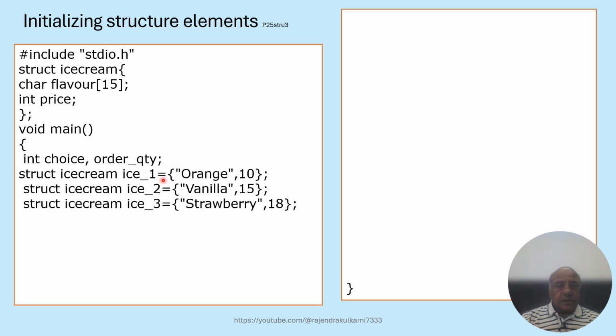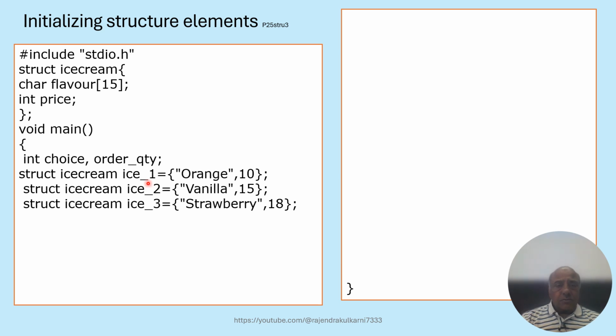Each variable has two primary variables or secondary variables as its elements. So ice1, struct ice cream ice_1, is equal to, into the braces, orange comma 10, braces close, and then a semicolon.